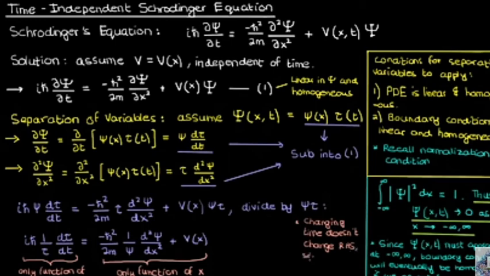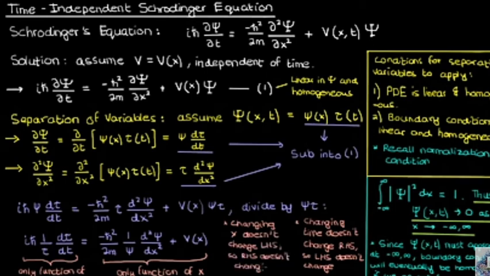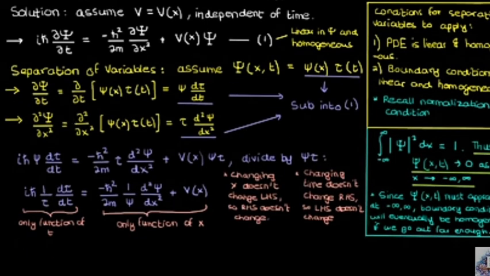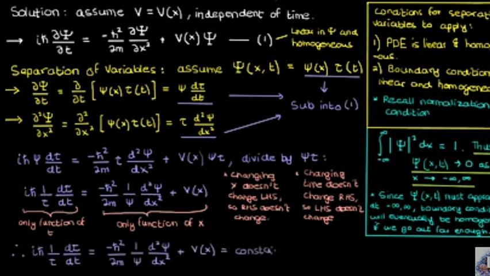Individual terms on the left might change, but the combination doesn't, because the combination has to equal the right hand side which is constant in time. Similarly, if I change the position x, then the left hand side of the equation stays constant, which means that the right hand side must also remain constant. So changing either x or t doesn't affect either half of the equation. So we say both halves are constant. You can prove this yourself by taking the derivative of both sides with respect to x and t, which shows that the whole equation actually equals a constant, and this constant I am going to call i h bar E.